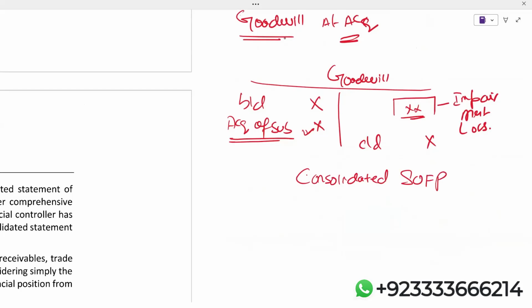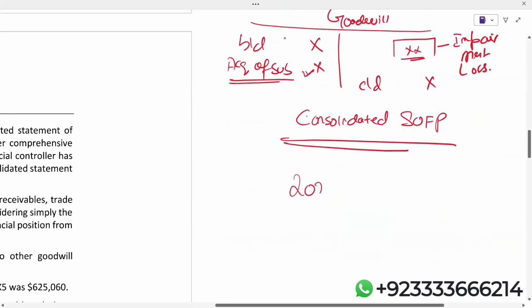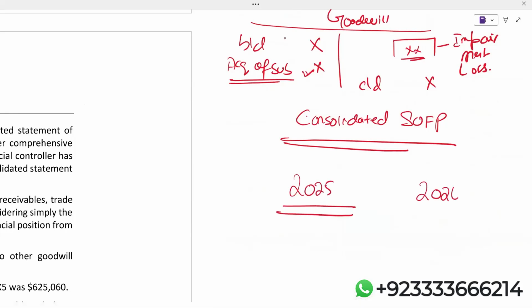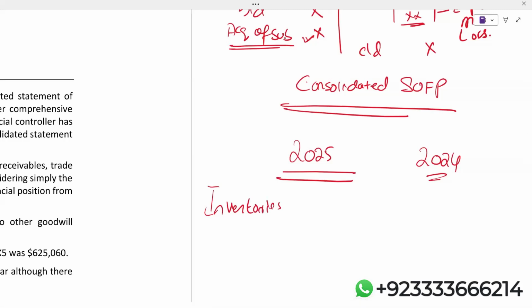Another important point. Consolidated SOFP, 2025 and 2024. Inventories: assuming inventory is 300 million in 2025, and previously it was 180.